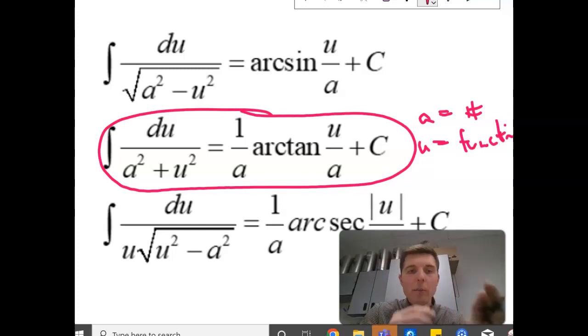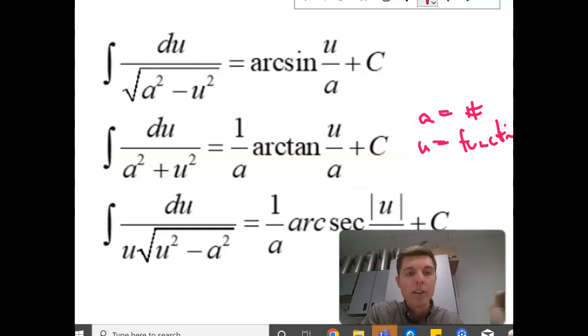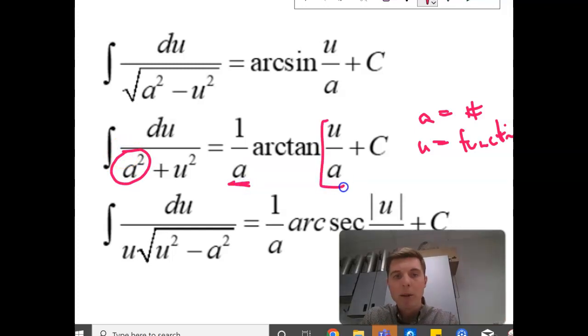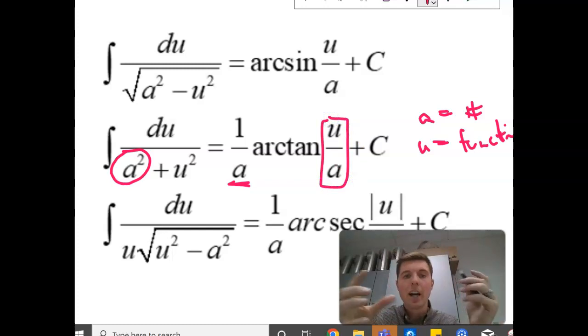So what my result will be, it'll be 1 over, remember that number down below was a 9? Is it 1 over 9? No, don't be fooled. A squared, so it's got to be 1 over 3. So just like a circle formula, anytime we've got this squared, we just take the square root. That gives us our a value. Same thing when we plug this in, the u is the non-squared version.